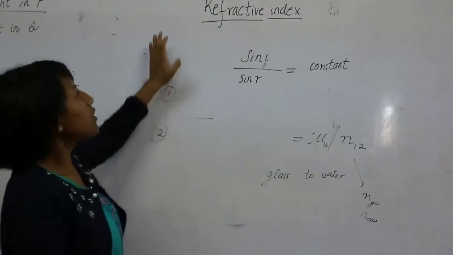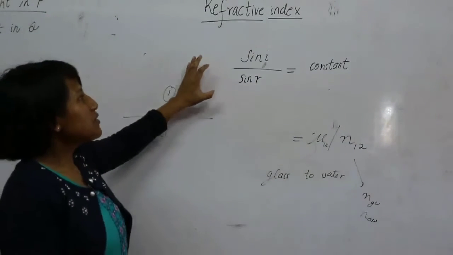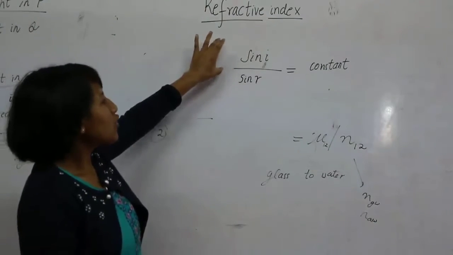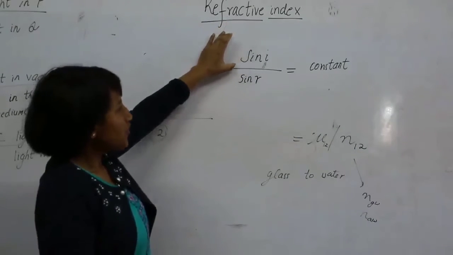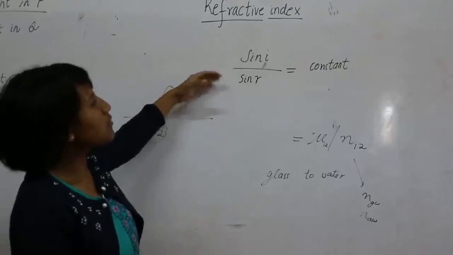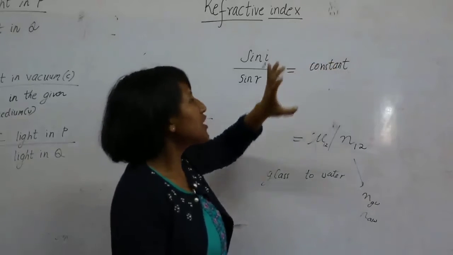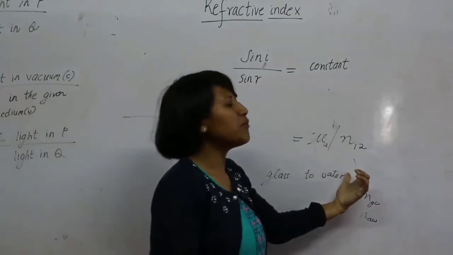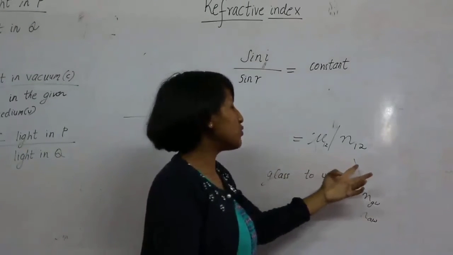So now we'll be learning about the refractive index of a medium. From Snell's law of refraction of light, the ratio of the sine of the angle of incidence in the first medium to the sine of the angle of refraction in the second medium is a constant. This constant ratio is actually the refractive index of the second medium with respect to the first. Remember, of the second medium with respect to the first.